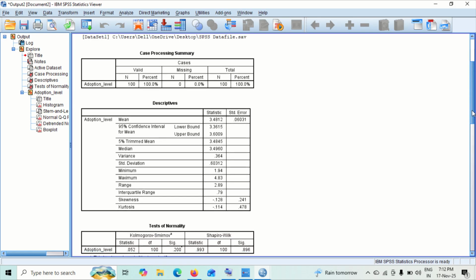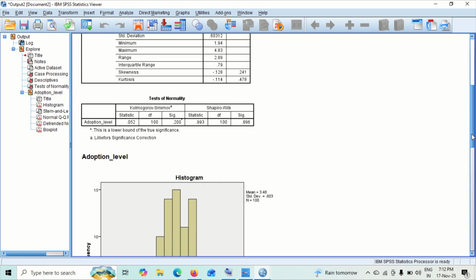Whenever we have to check the normality assumption, this is a very important table, the tests of normality. Here we can see two important statistical tests, namely Kolmogorov-Smirnov and Shapiro-Wilk. These two tests have the values of statistic, degrees of freedom and significance value.